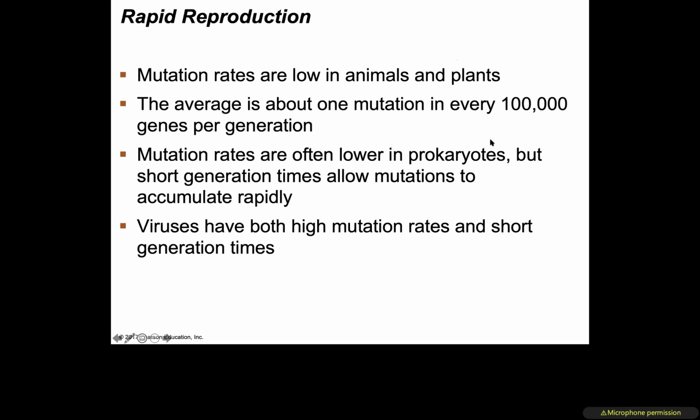So rapid reproduction. Mutation rates are low in animals and plants. The average is about one mutation in every 100,000 genes per generation.